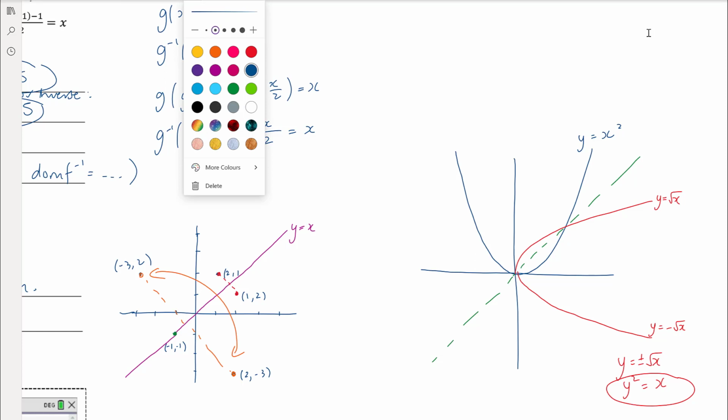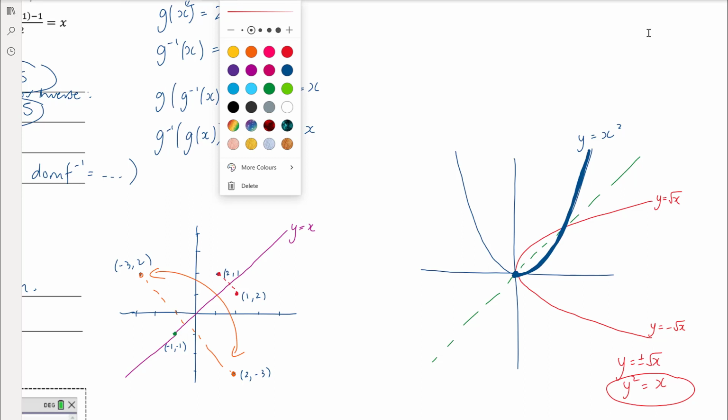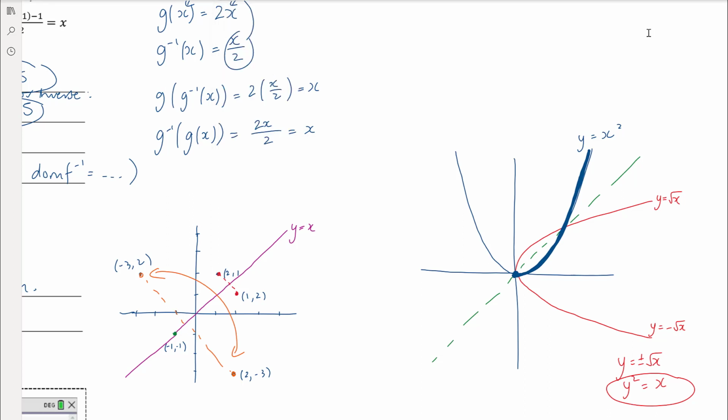we need to only be looking at a one-to-one function to start with. Okay, so if we started just with that half of the parabola, which is a one-to-one function, then we would get the positive square root as the inverse function, and it would also be a function.